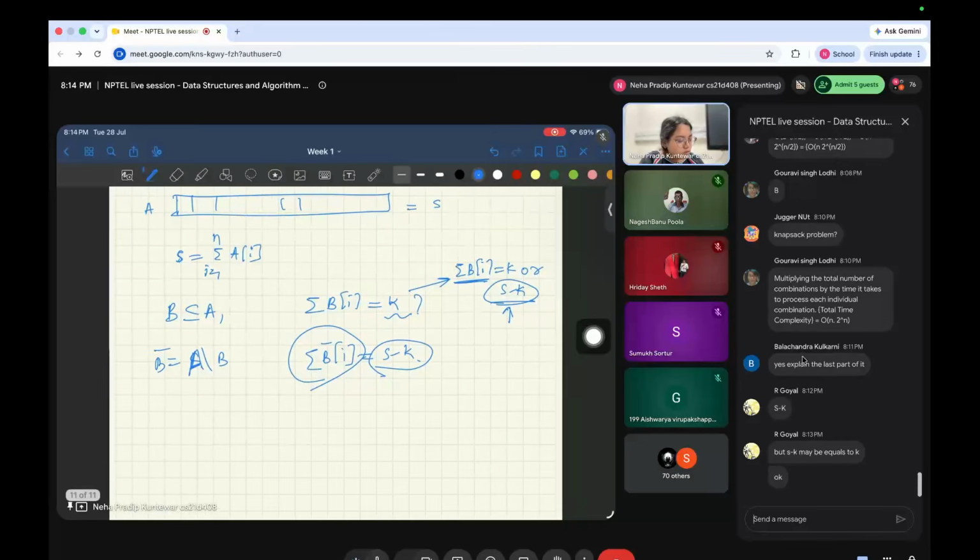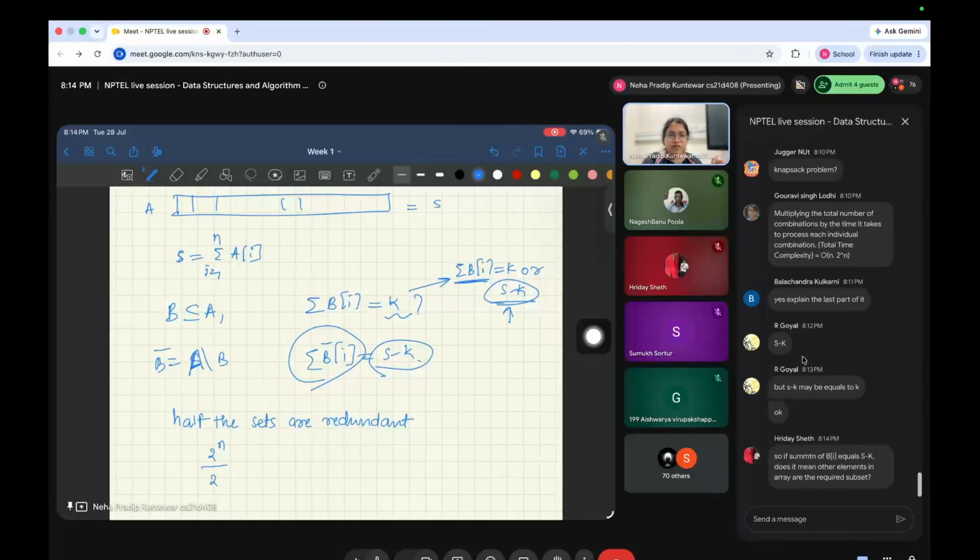Okay, so that was the idea, that half the sets are redundant. Therefore, out of all the 2 to the n possible sets, only half of them are the ones through which we are going. So this is 2 to the n minus 1.